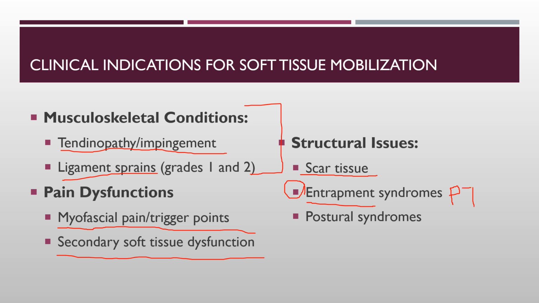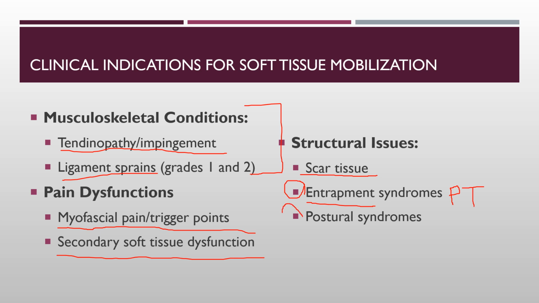Okay, I'll just write PT there, pronator teres, because the median nerve actually travels through one of the heads of that pronator teres muscle. So if we have decreased range of motion and tightness in that muscle, we can also entrap that median nerve more proximally near the elbow, and we can still see some of those same signs and symptoms that are typical with carpal tunnel syndrome. So that's just one of the entrapment syndromes that we're going to mention again in our next semester.